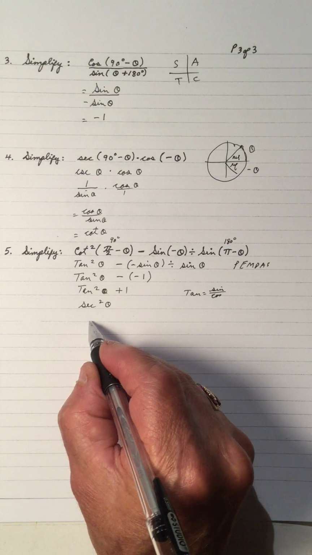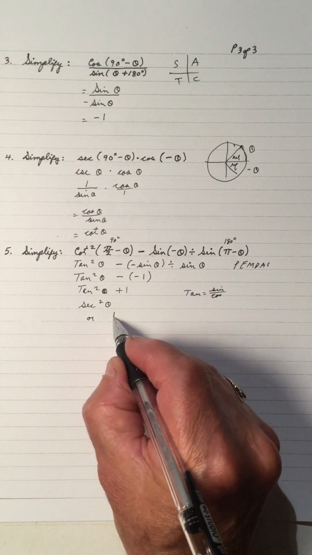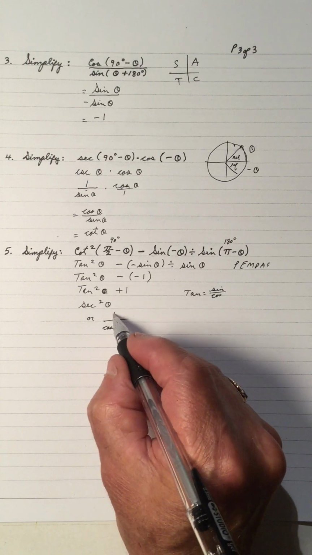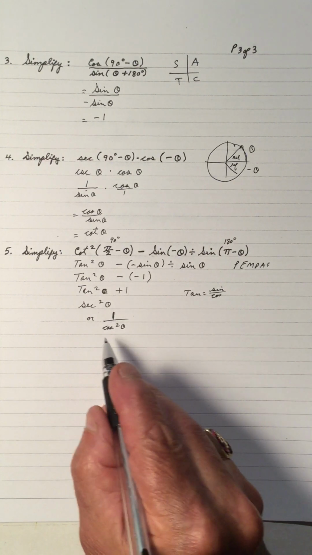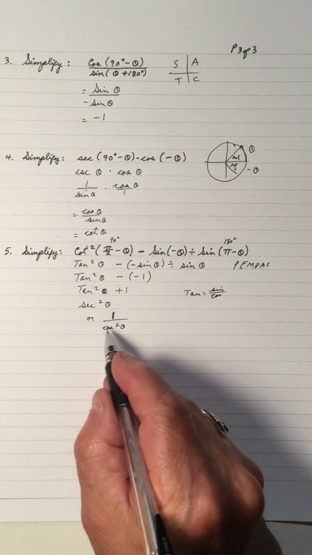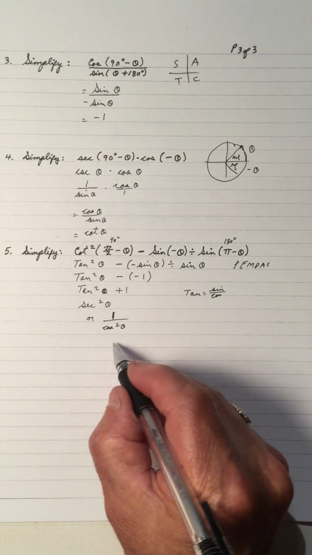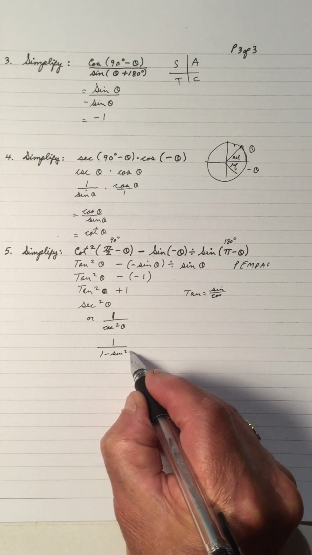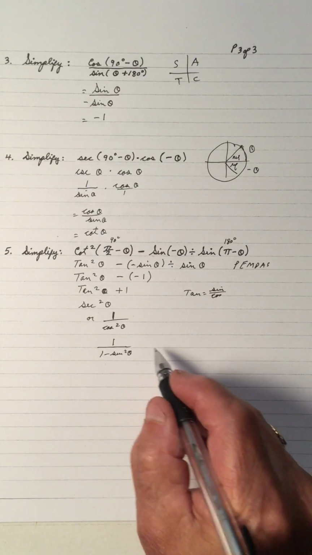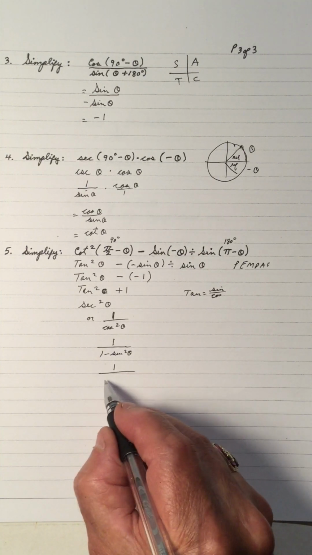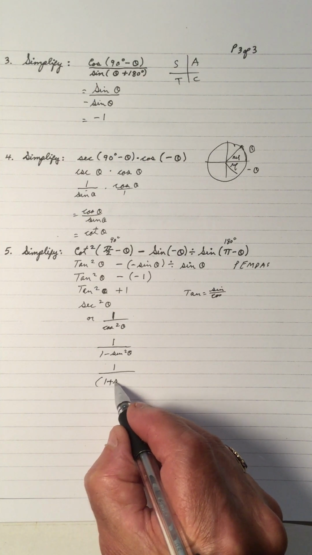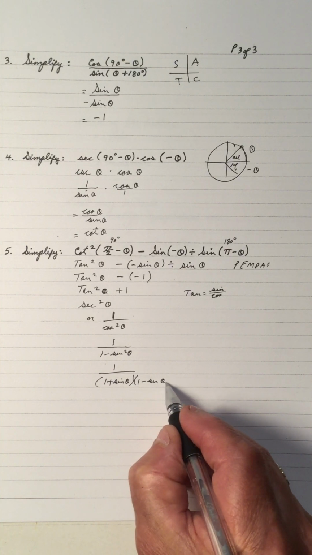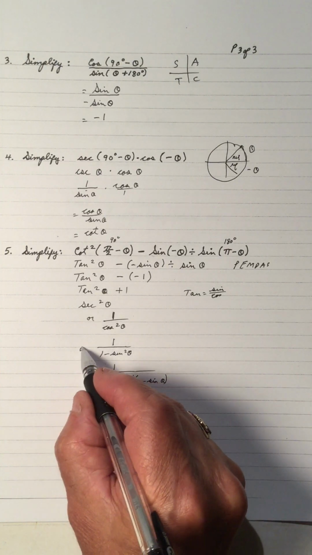And if you wanted to, you could have 1 over cos squared. That's another name. And again, cos squared could have other names. We could have 1 over 1 minus sine squared. So there's many names.